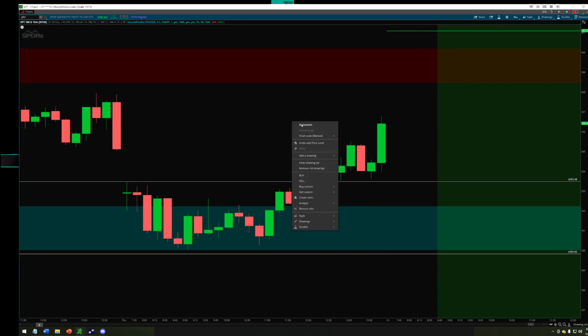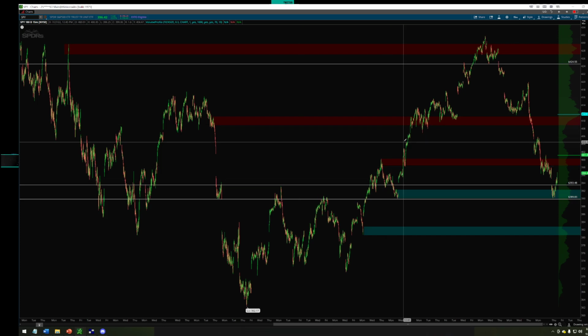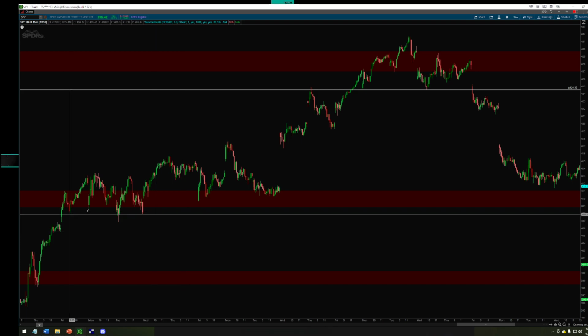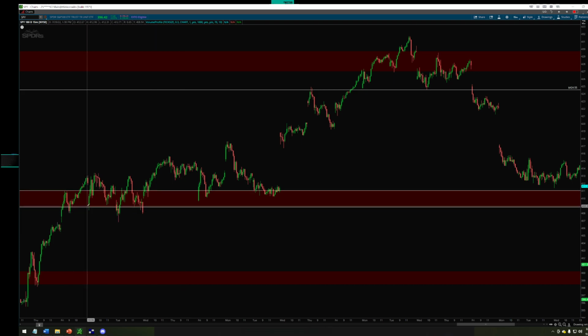In this other case, this was a supply zone that got invalidated, because it went to the upside. It doesn't break this previous low here, so it gets invalidated.